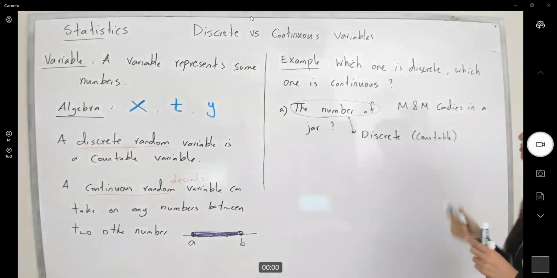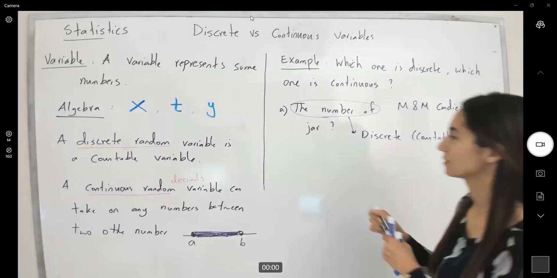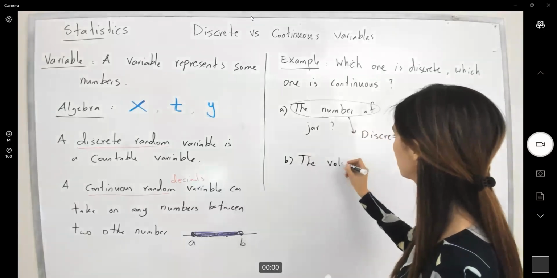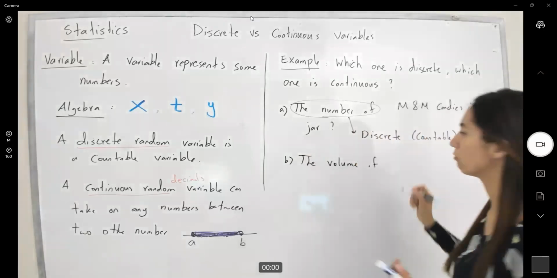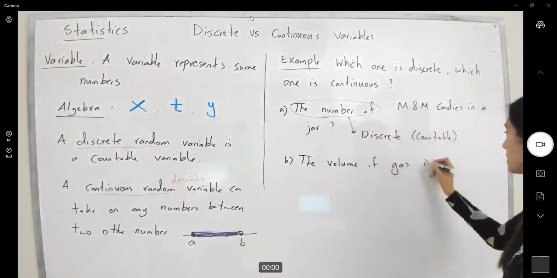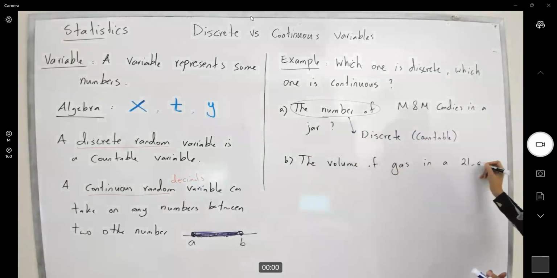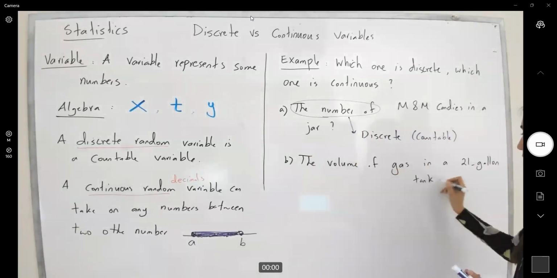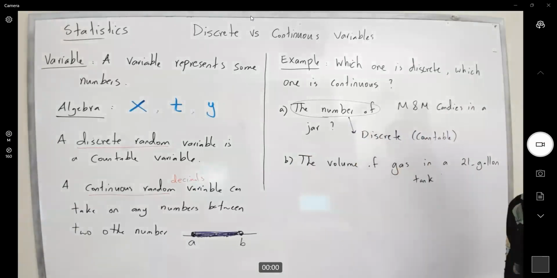The second one is the volume of gas in a 21-gallon tank. So think about it this way.